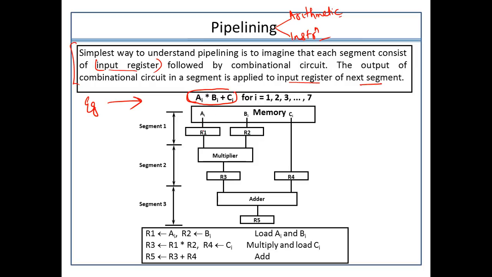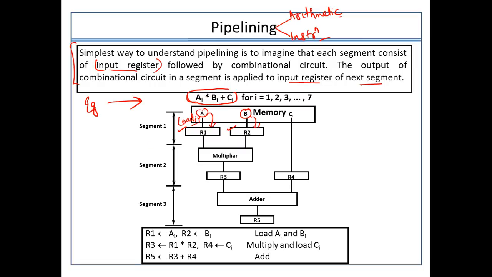The data will be placed in the registers, right? So we will have input registers and output registers. Got it? So Ai is going to be stored in the R1 register, Bi is to be stored in the R2 register. So just loading the data is being performed here in segment number one.